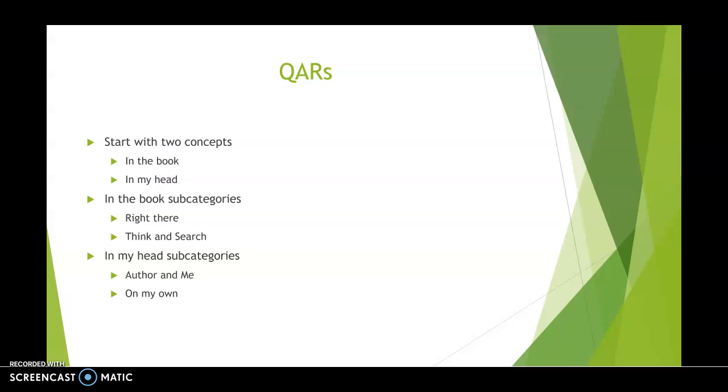Questions asked before you're reading will generally be on my own questions, as they activate your prior knowledge and experience, so you can associate and learn and comprehend. It helps you comprehend those readings. Questions after the readings usually will be think and search and author and me type questions. So that's a little bit about QARs.